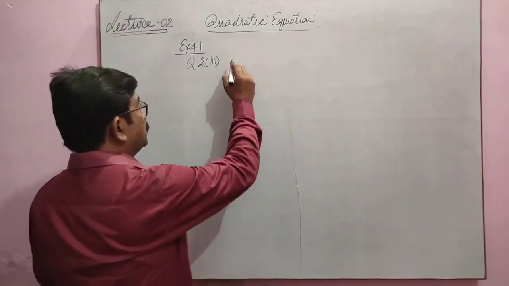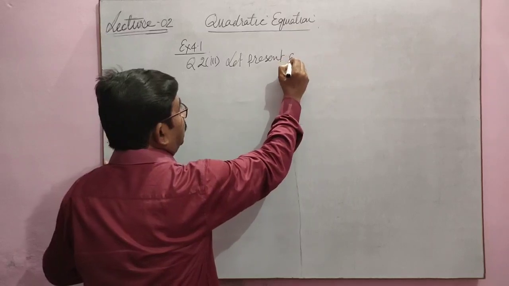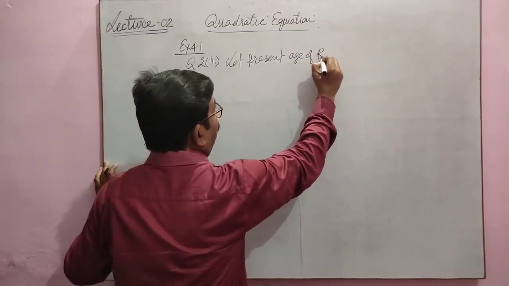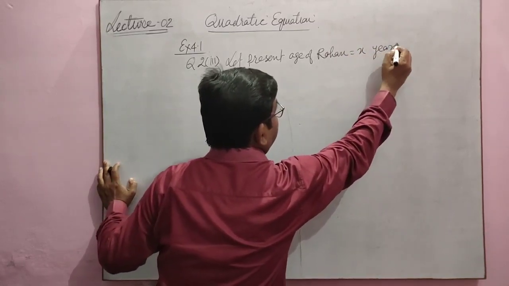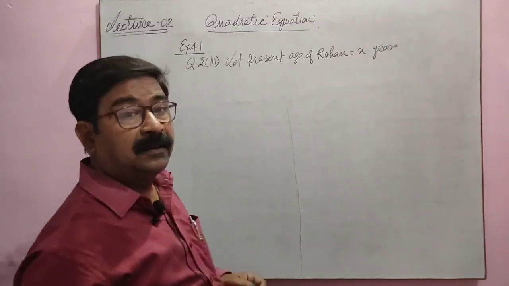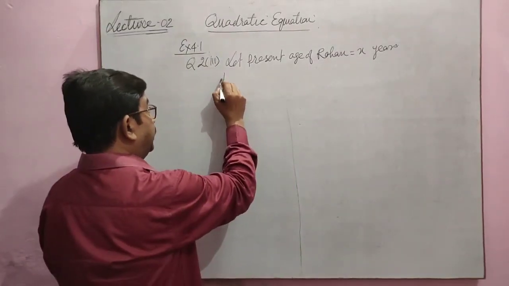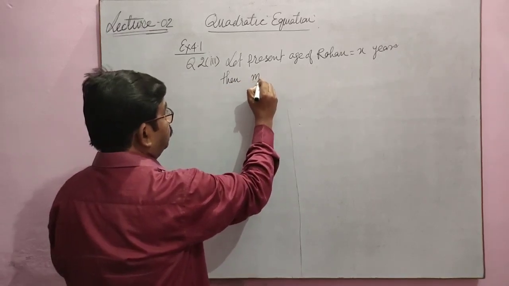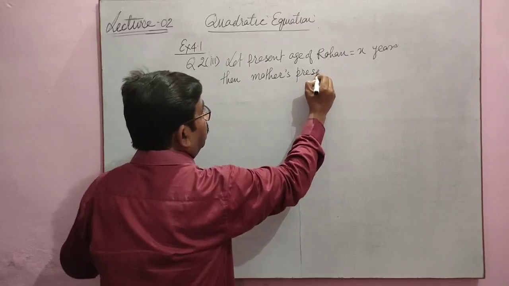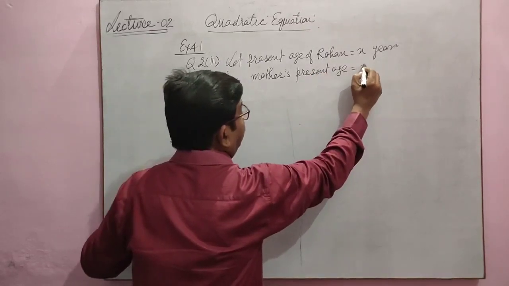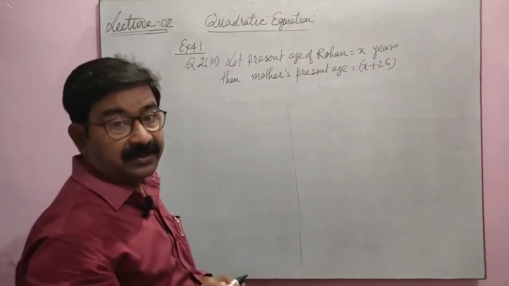Suppose the present age of Rohan is x years and his mother is 26 years older, then the mother's present age will be x + 26 years.